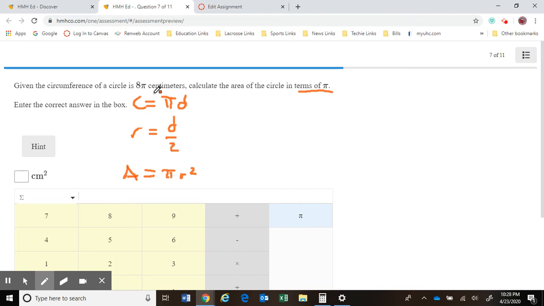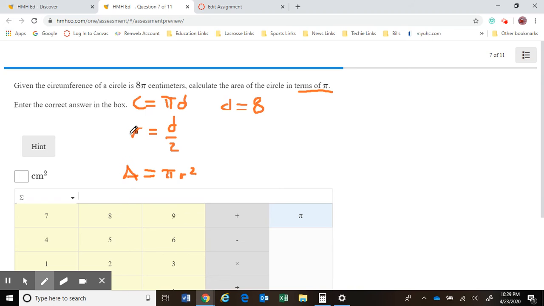If my circumference is 8 pi, my diameter is 8, because I'm basically taking 8 pi and dividing it by pi. What happens when you divide anything by itself? It equals 1, or it cancels out. Pi divided by pi is 1. If you needed to try that out, 3.14 divided by 3.14 is 1.